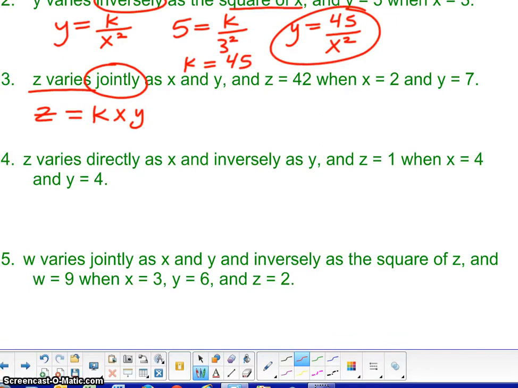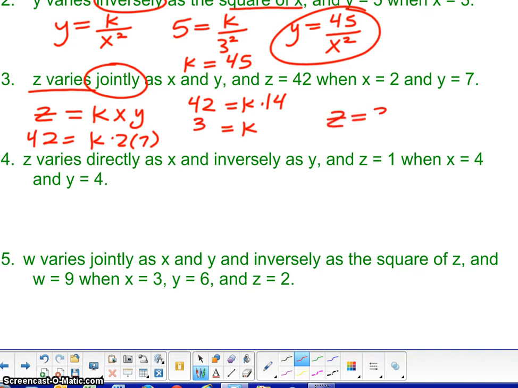Okay, so then if z equals 42, x equals 2, and y equals 7, we'll be able to plug all those in and get 42 equals k times 14. And if I divide both sides by 14, I get a value of 3. Okay, and with that, I'm going to write an equation of variation, which means to replace k with the 3 and leave all the variables as they are.